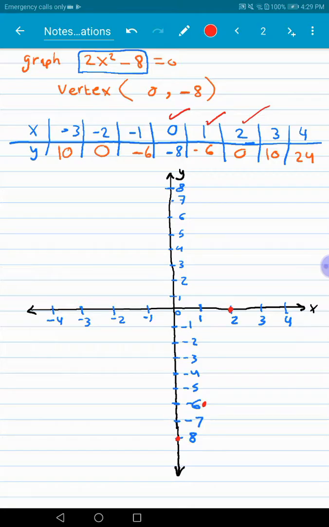The next point, 3 and 10, it's somewhere up, approximately here. And let's go to the negative values. -1 and -6. -2 and 0, it's here. -3 and 10, it's somewhere here.